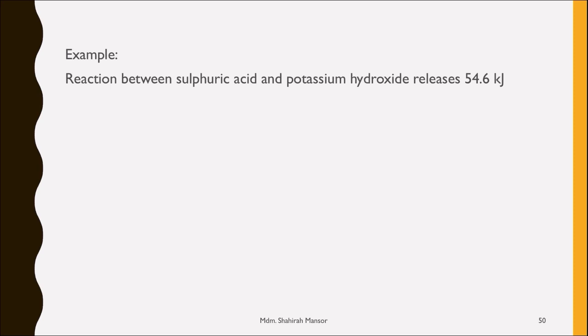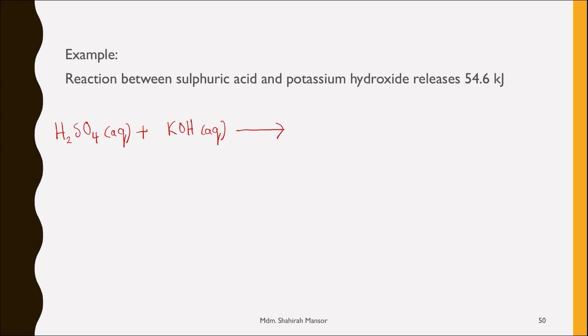Okay, let's see another example. Suppose we have this statement: reaction between sulfuric acid and potassium hydroxide releases 54.6 kilojoule of energy. Now if I ask you to write the thermochemical equation for this reaction, first of all you have to write the balanced equation for this neutralization reaction. So we have H2SO4 reacts with potassium hydroxide.